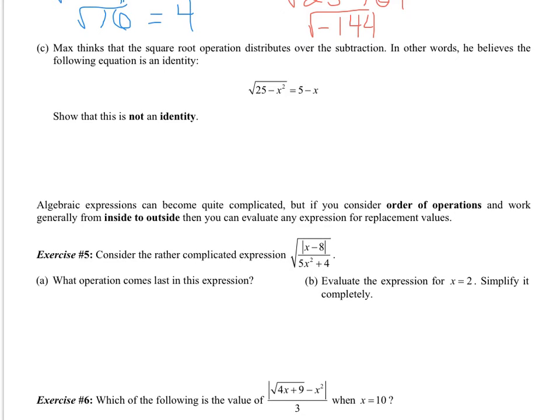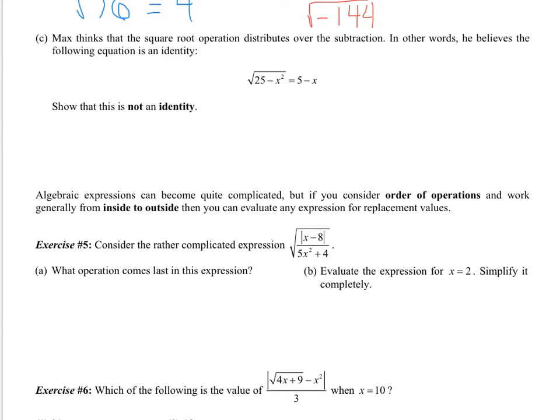So let's use this value of 3 that we used above. On the left-hand side, I have the square root of 25 minus 3 squared, just like what I did above. So we check this with x equals 3. And on the right-hand side, I will end up with 5 minus 3.